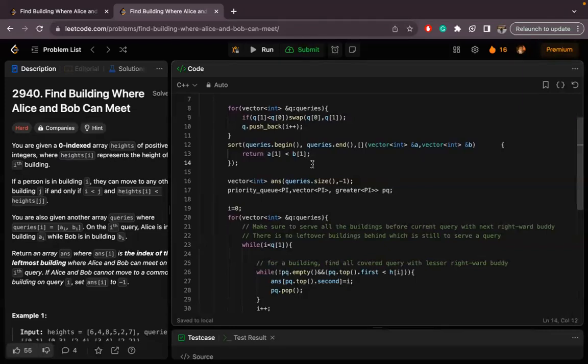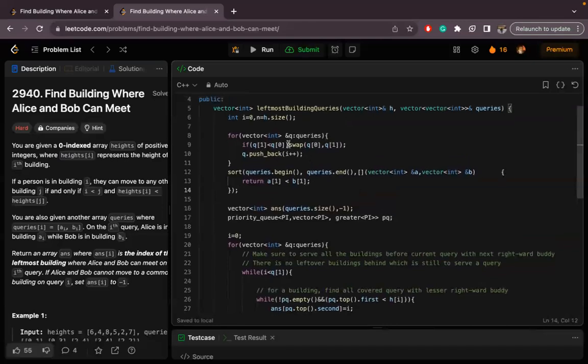It has to be higher than the maximum height from both of the two, right? So the maximum height will be for Bob, right? So that's why I am sorting on this basis, like the higher building size. So one index for Alice as well, height will be larger, and for Bob as well.